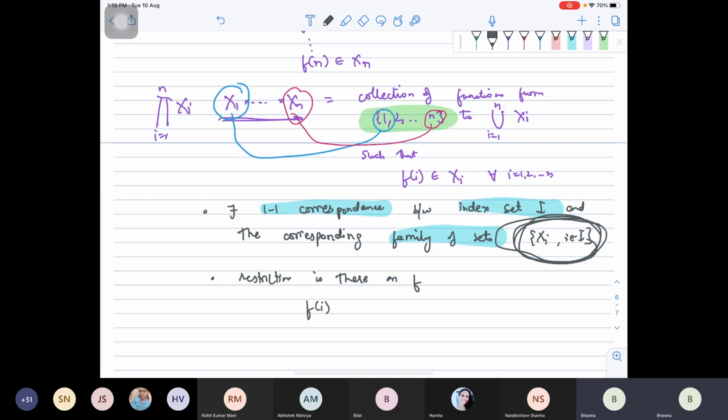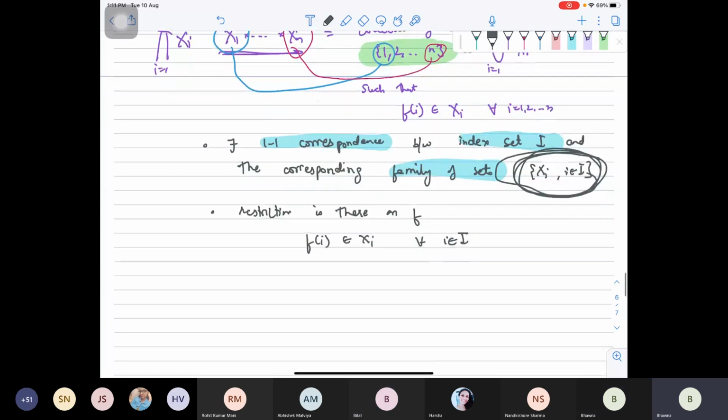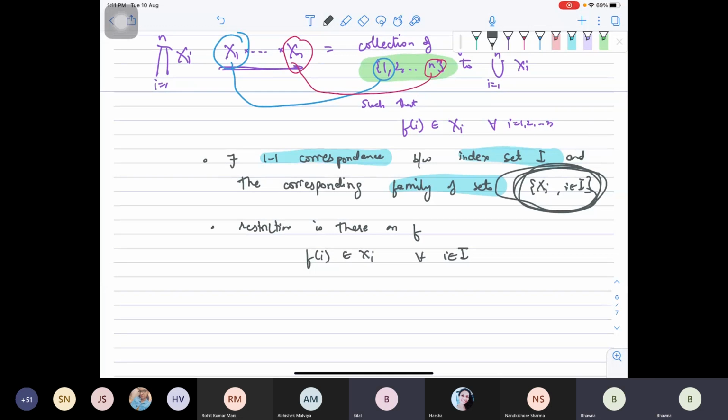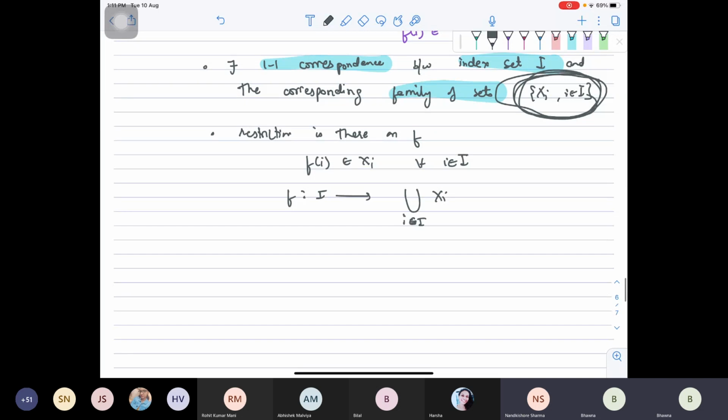The restriction was that f(i) should belong to Xi for all i in capital I. The domain of f was I. Its range was the union of Xi, but we cannot take just any arbitrary function. So if we have such a restriction, we call f a choice function.